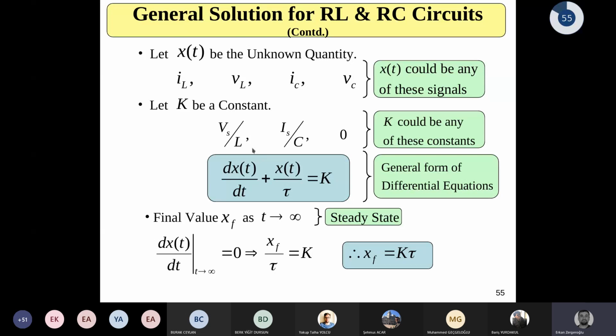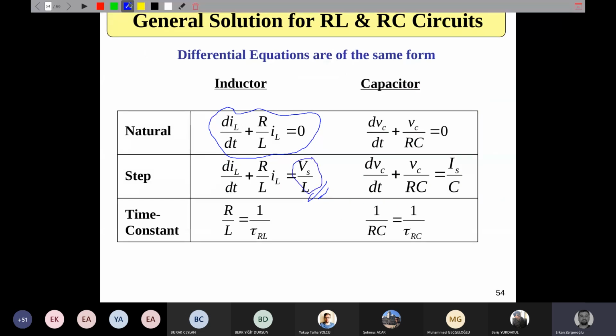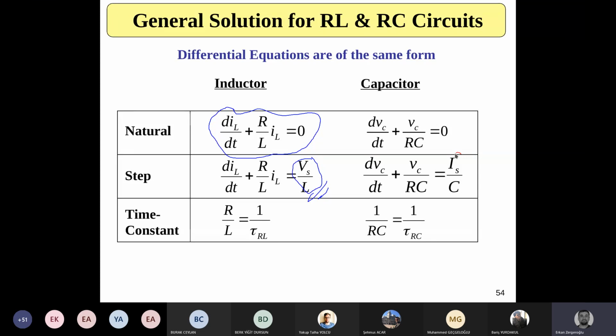As a general formula, we have this kind of differential equation that we'll have to deal with in this lecture specifically. If you look at this part for the inductor circuitry or this part for the capacitor circuitry, those are constants.